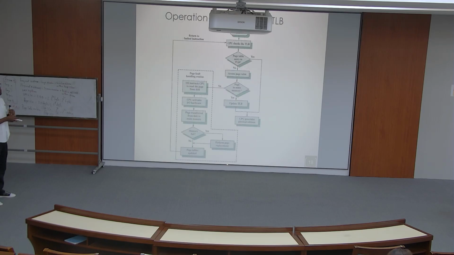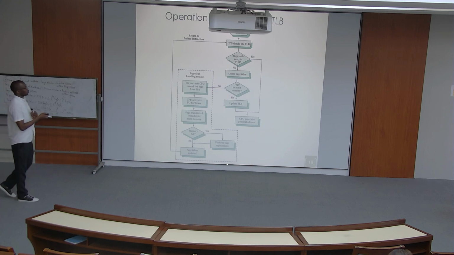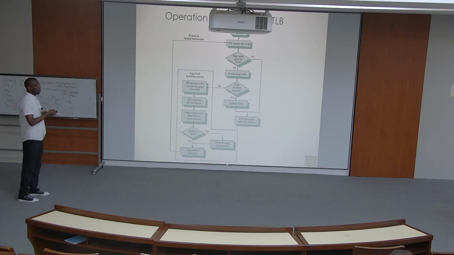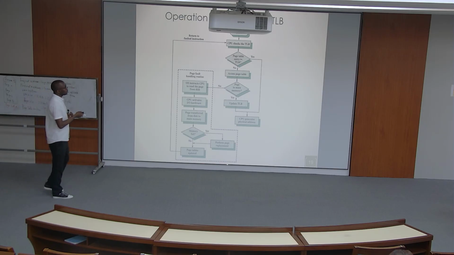How does the translation look aside buffer work? The central processing unit needs to check for the page table entry in the translation look aside buffer. If the page table entry is in the translation look aside buffer, we have a TLB hit. Then the central processing unit will generate a physical address for the page.